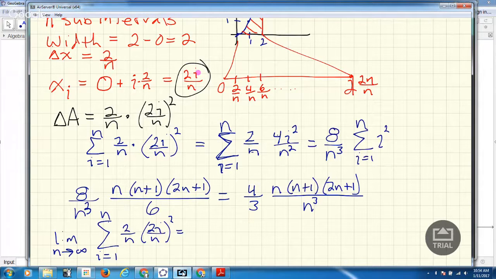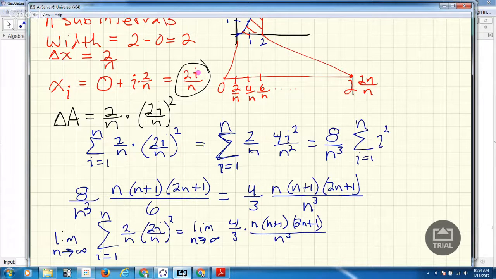We know that that sum is equal to the fraction above, so that means my limit as n increases is 4 thirds times n times n plus 1 times 2n plus 1 all over n cubed.